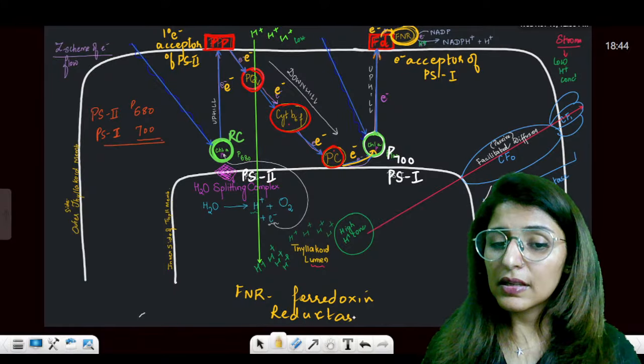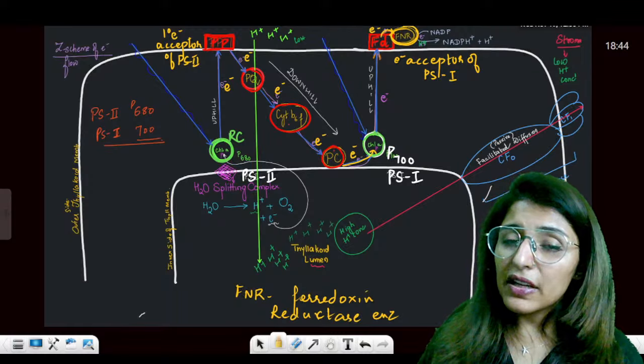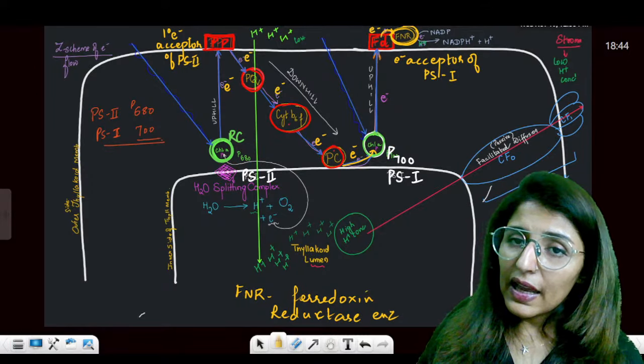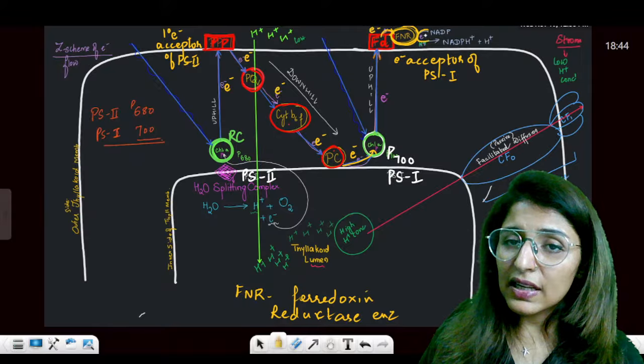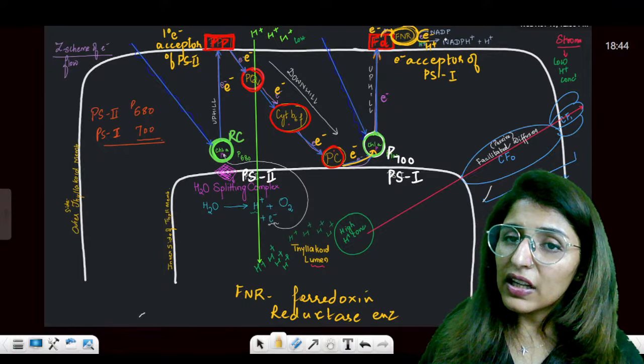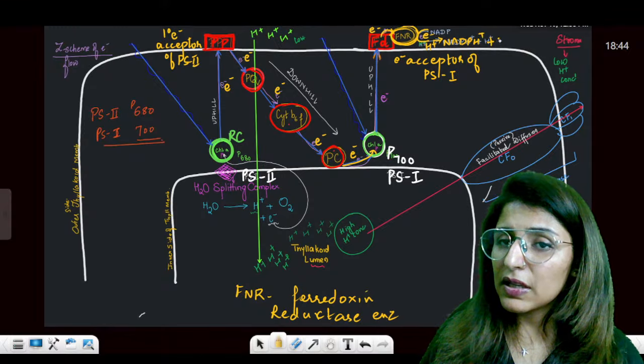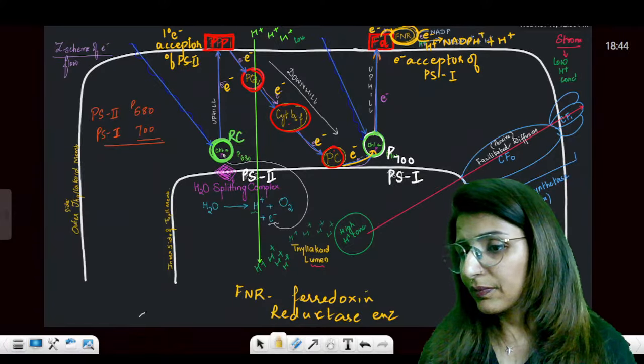Is this clear? It is an enzyme. So FD is going to pass on this electron to FNR, and FNR is going to use this electron as well as H positive ions from the stroma to convert NADP into NADPH2 or NADPH plus H positive. Please tell me that these points are clear.